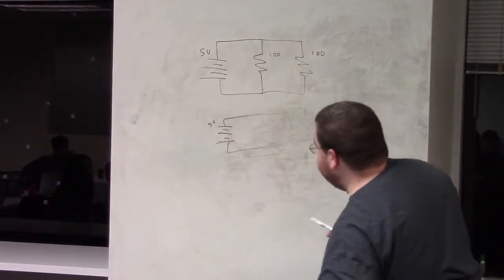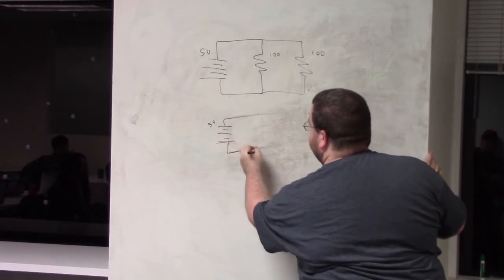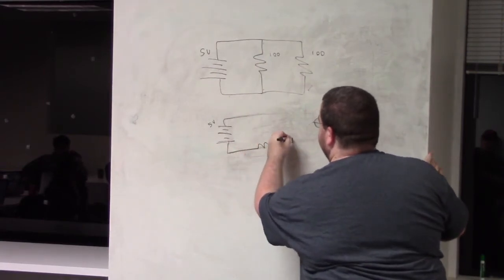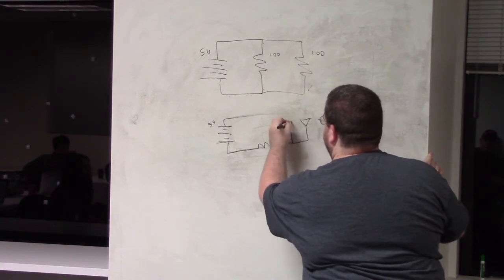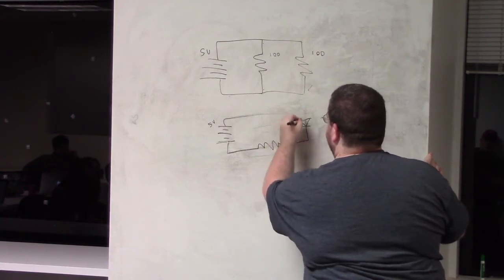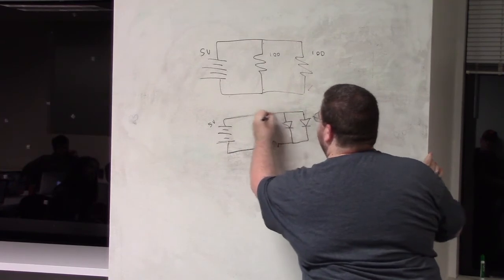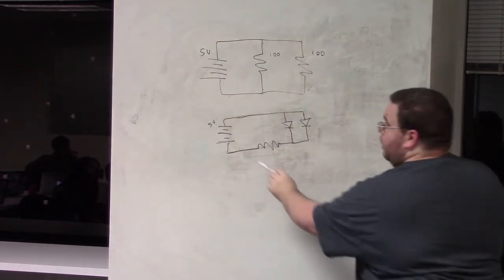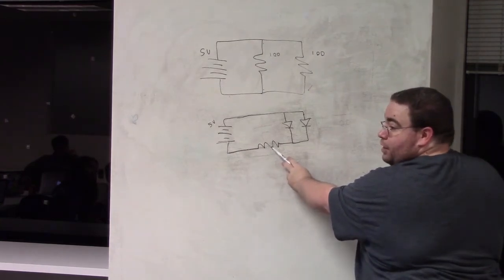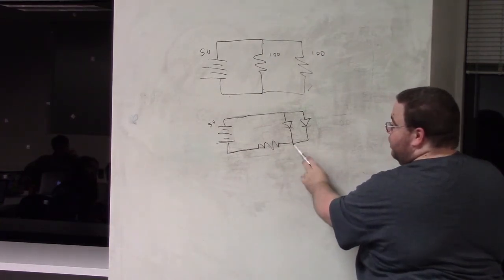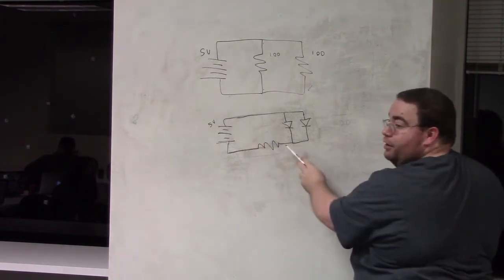I've got this circuit with 1 resistor and 2 happy little LEDs. The electron goes here, makes its way through the resistor. Now it's got to take a path from here back to the positive pole of the battery.